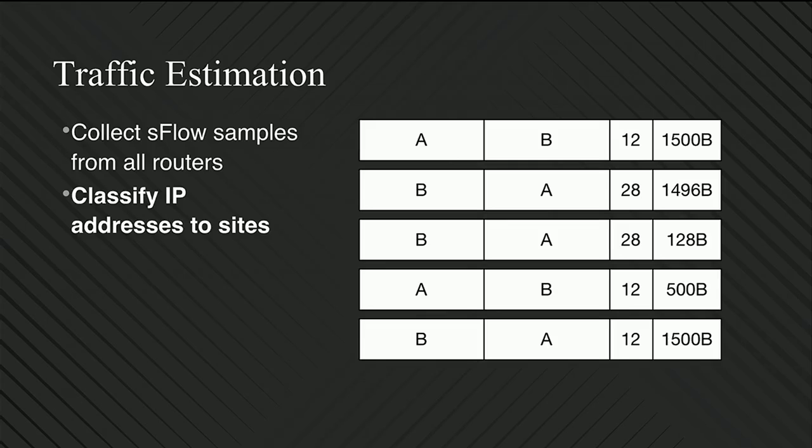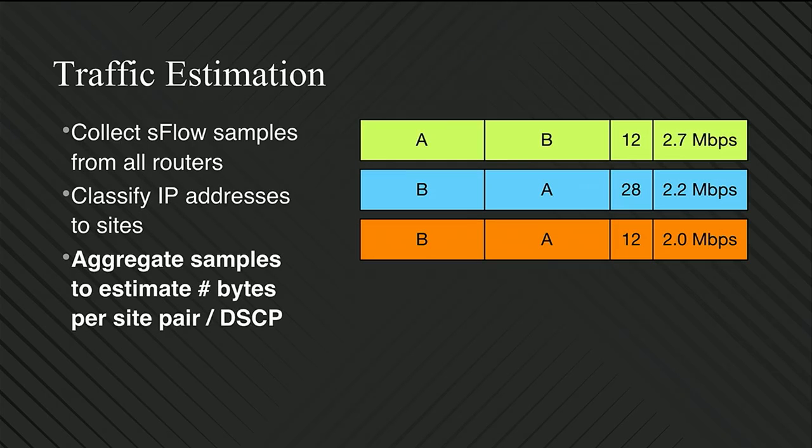And we use the same prefix configuration that we use in BGP injection. So we simply build a classifier to map all the prefixes back into sites. And then we aggregate them based on the source and destination site pair and DSCP. We do this aggregation periodically to get a byte count between these sites per unit of time, and from that we can get an estimated traffic flow between all sites.